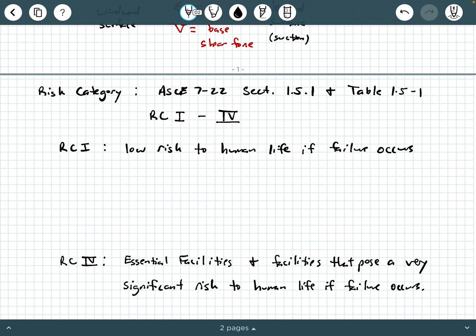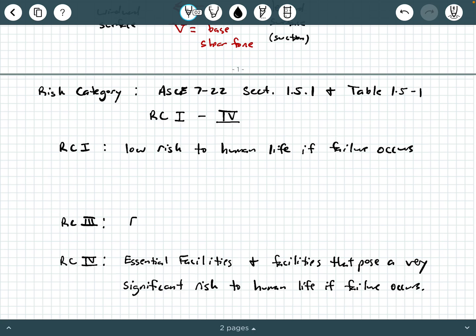Now, what about RC2 and 3? I'm skipping around a little bit. I'm gonna cover RC3 next, okay? RC3 are facilities that pose some kind of substantial risk to human life if failure occurs, okay?